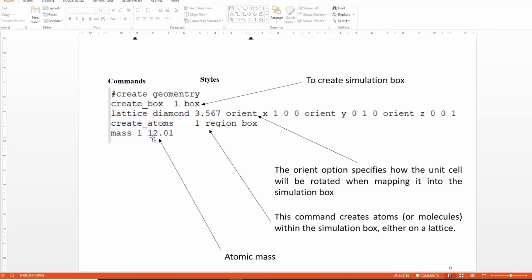Suppose I am taking the carbon, so I have to define the mass. Again, one here is because you are taking only one kind of atom. Okay, you are not going to take any other kind of atom. So you can specify one, and then the atomic mass specific to your problem. Suppose for me it is a carbon. I am taking 12.01. Okay, so now in this case I am defining what kind of atom and elements I am taking.